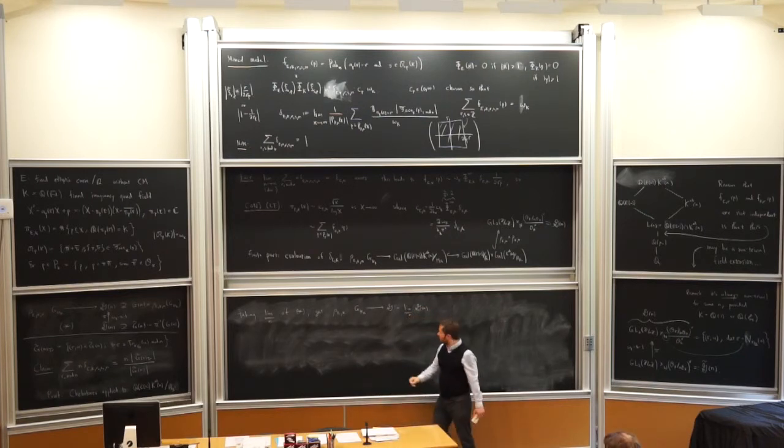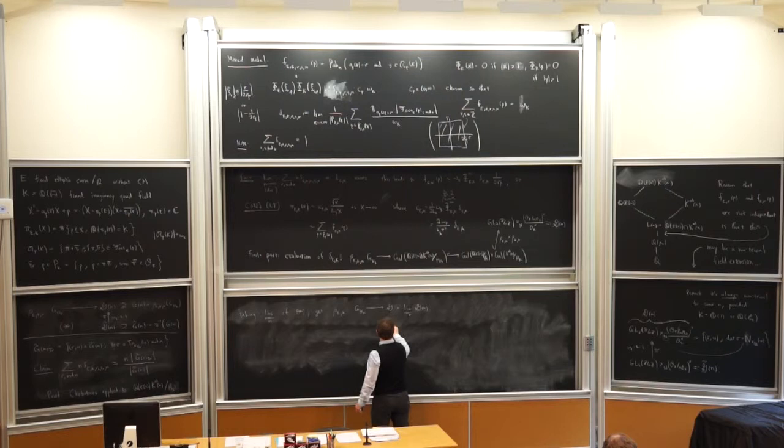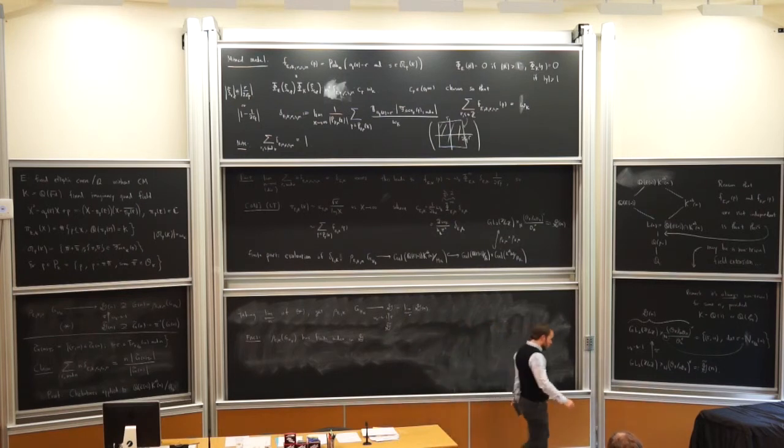Okay, compatible family, and then there's this. This is still Omega_K^1. And the main, well, the real point is this, the fact. That's the fact.